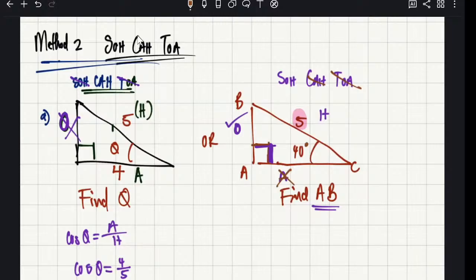So here we are left with SOH, which means sine theta is equal to O, opposite, over H, hypotenuse.